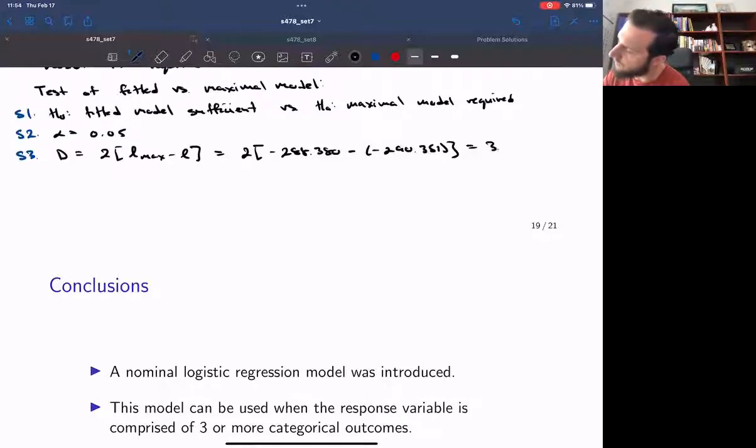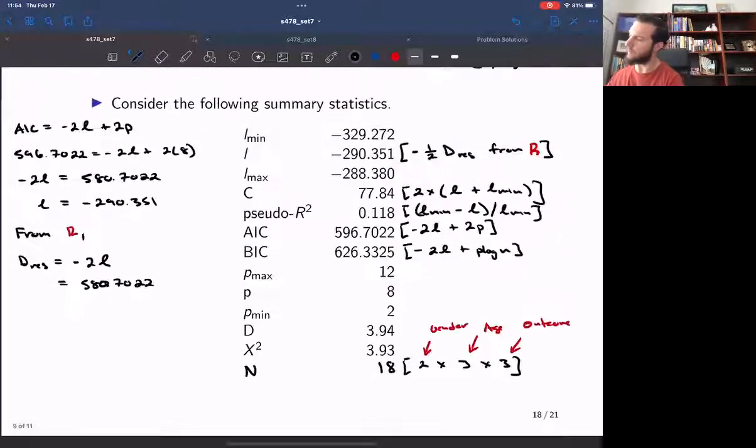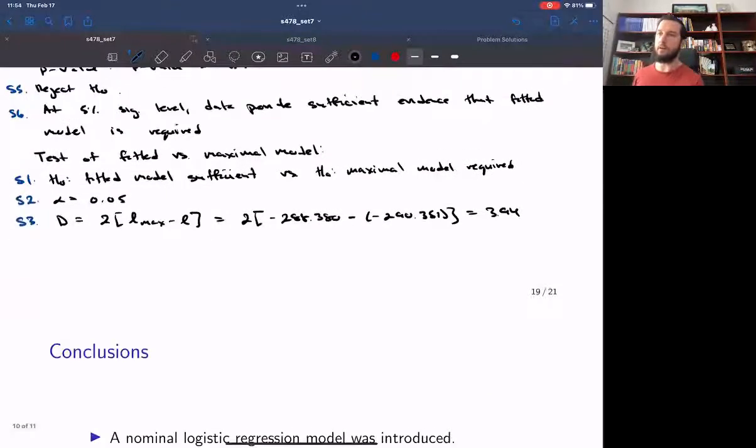And that is where the value 3.94 comes from. Okay, so that's our deviance for the test of fitted versus maximal.